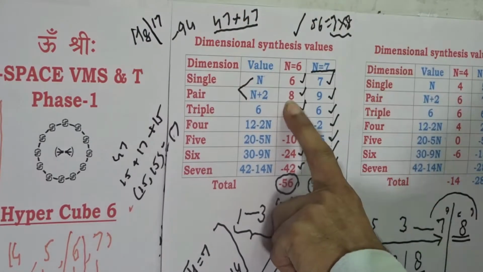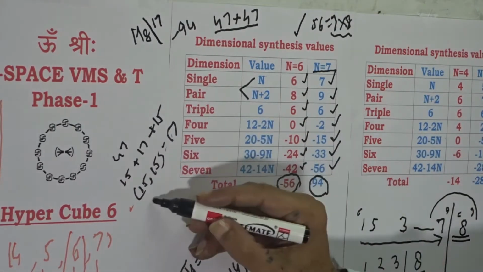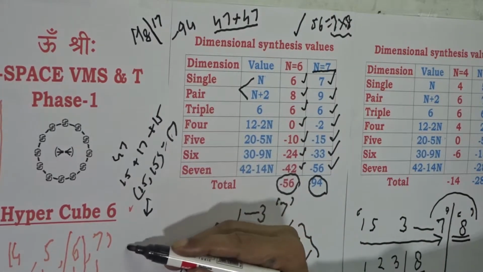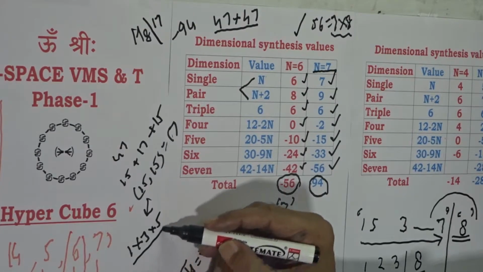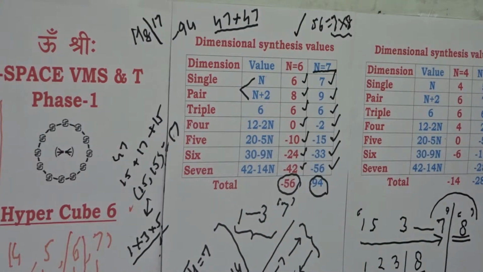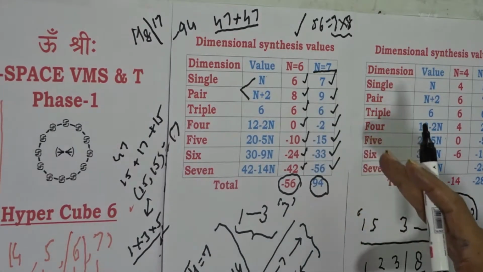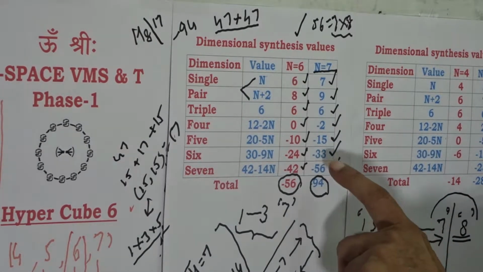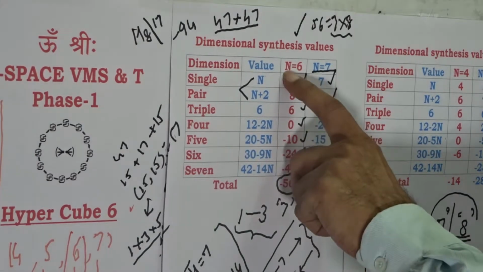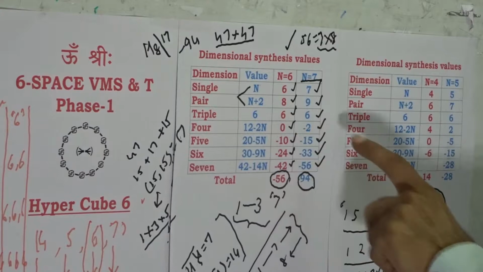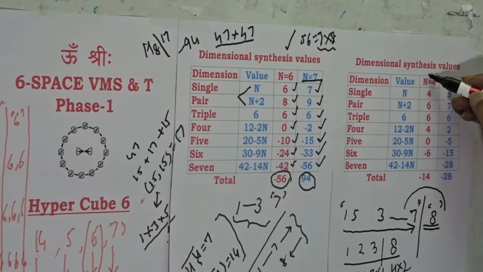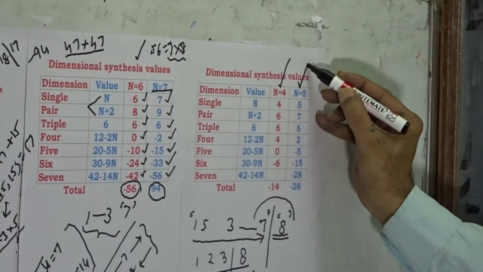All these features get interconnected, and further 15 is equal to the value of the dimensional frame of 5 space, 5 solid dimensions. Therefore, we shall have a proper tabulation for n is equal to 6 and n is equal to 7. Before that, we shall have the value n is equal to 4 and n is equal to 5.